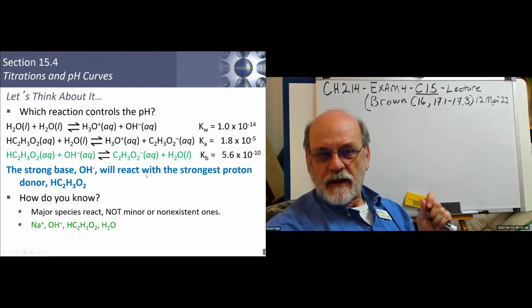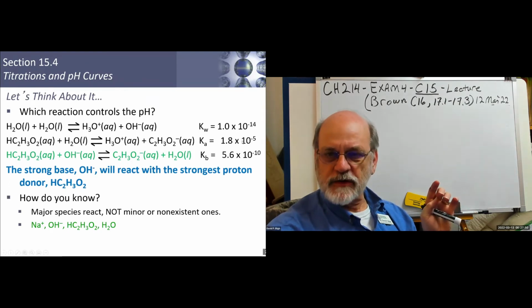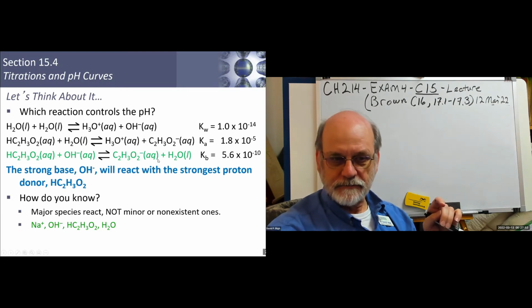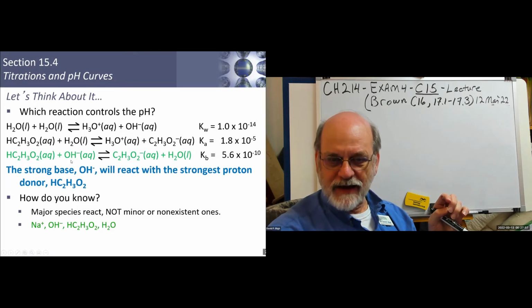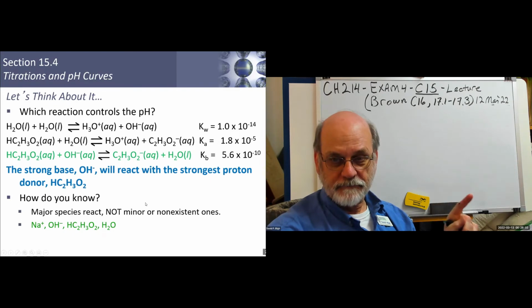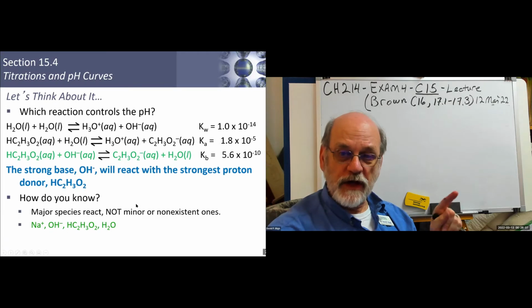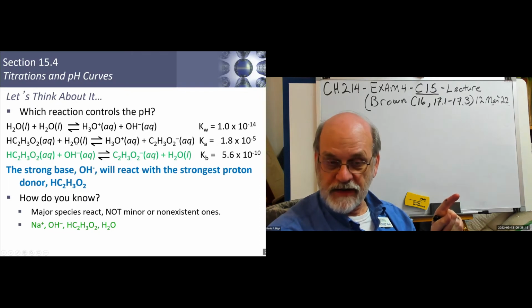Okay, so if we look at these reactions in terms of their K values, the strong base, the OH minus, reacts with the strongest proton donor, right? And we can tell which one donates protons better, right? The first one with water or the second one with acetic acid?